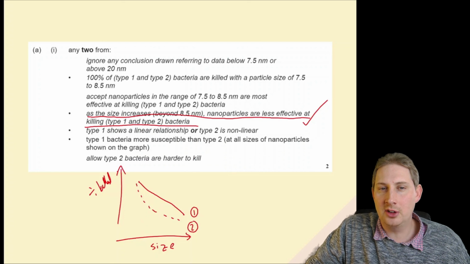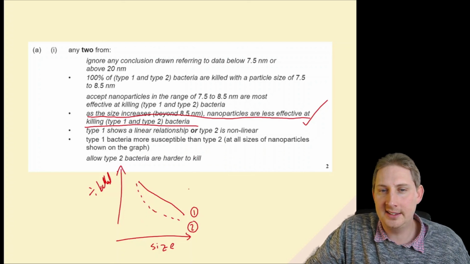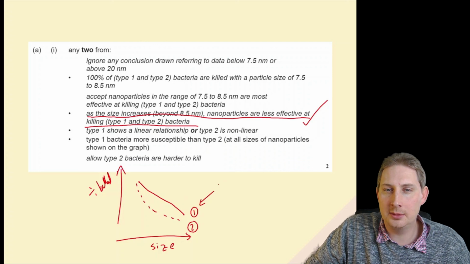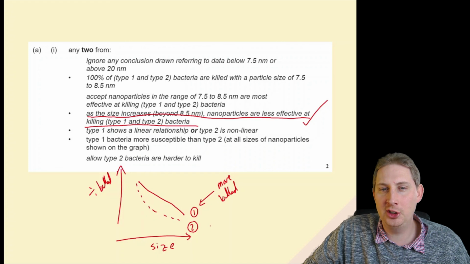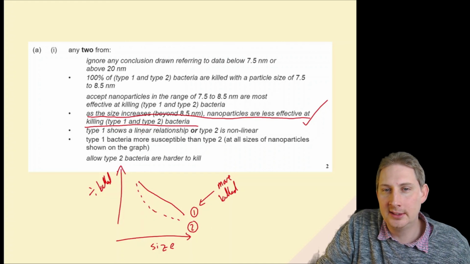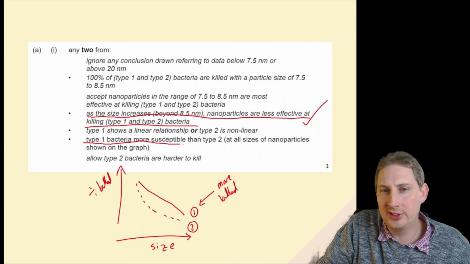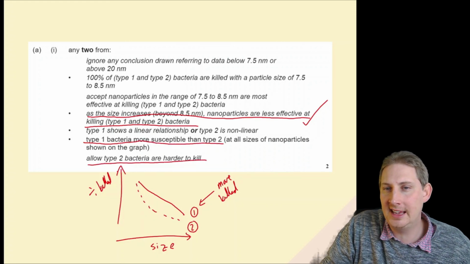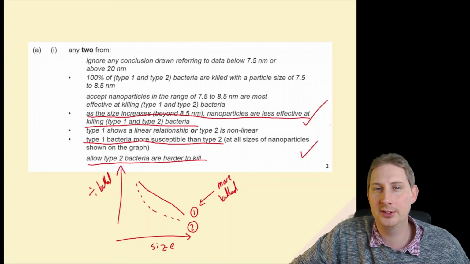The second most obvious thing to me is that type 1 bacteria are always more killed than type 2 bacteria at any size. So type 1 bacteria are more susceptible than type 2, or type 2 bacteria are harder to kill by the nanoparticles.